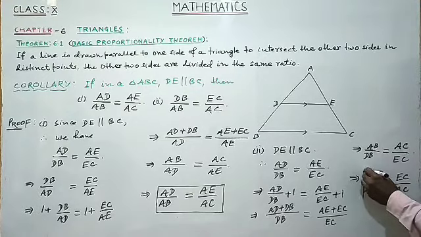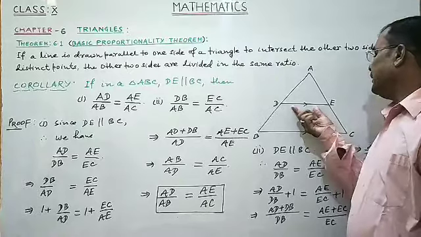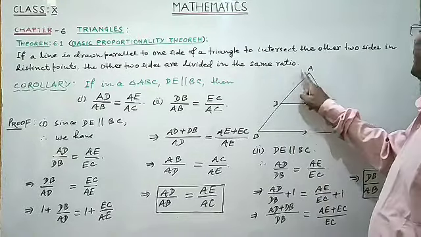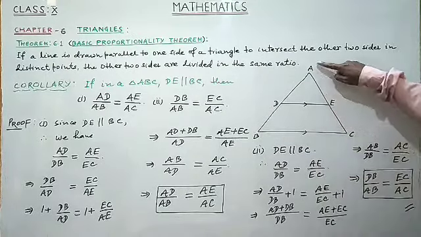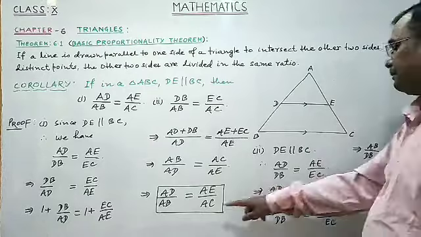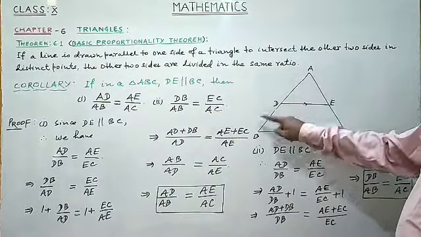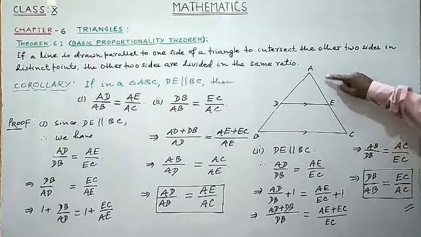So this way we have proved that in a triangle, if DE is parallel to BC, then AD by full side AB is equal to AE by full side AC, and DB by full side AB is equal to EC by full side AC.